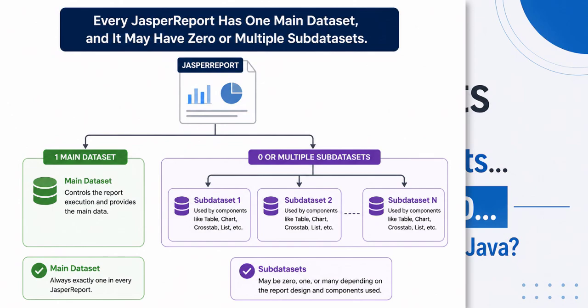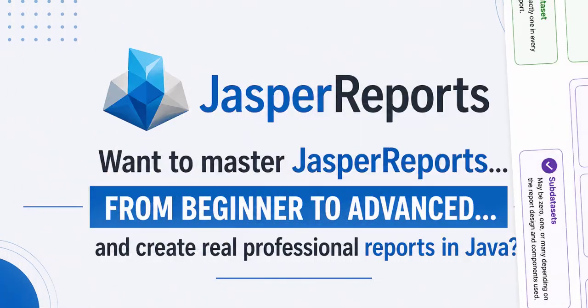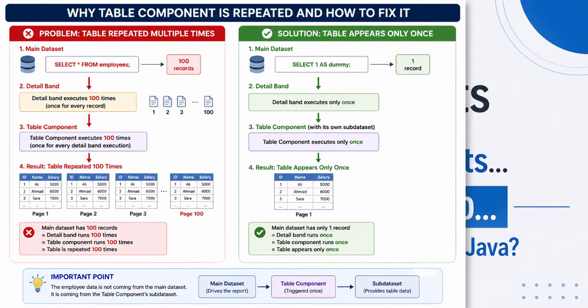As a result, the table component is also executed once for every record, causing the same table to appear multiple times. For example, if we have a main dataset with a query that gets all the records from the employee table, and we have 100 records, the detail band executes 100 times, the table component executes 100 times, and the same table is repeated 100 times.